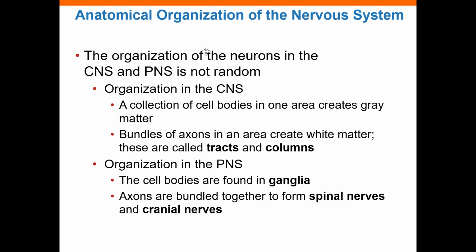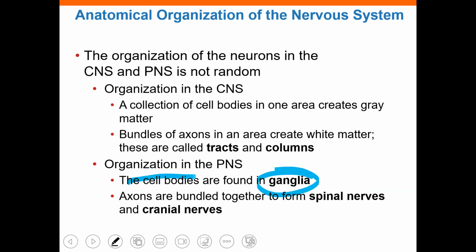Then, organization in the peripheral nervous system: the cell bodies are found in the ganglia. So we see ganglia for the cell bodies in the peripheral nervous system. The cell bodies in the central nervous system, we call them nuclei.